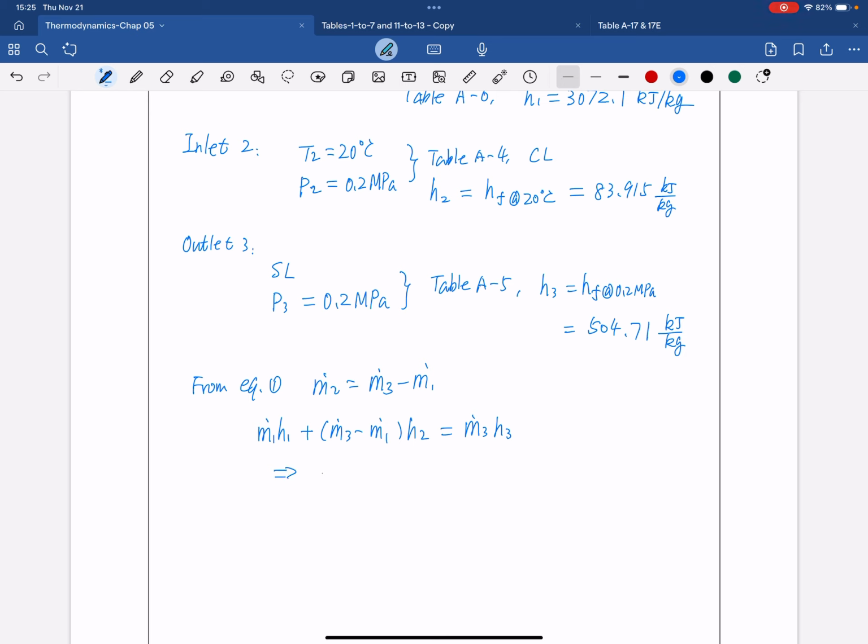In this way, we can calculate m1 dot equals m3 dot times h3 minus h2, divided by h1 minus h2.